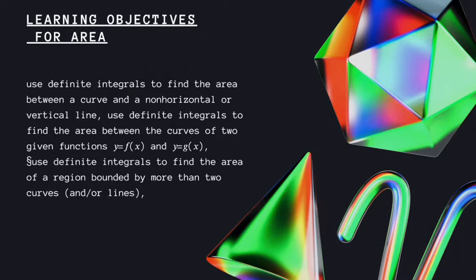Use definite integrals to find the area between the curves of two given functions, y equals f of x and y equals g of x. Use definite integrals to find the area of a region bounded by more than two curves or lines.